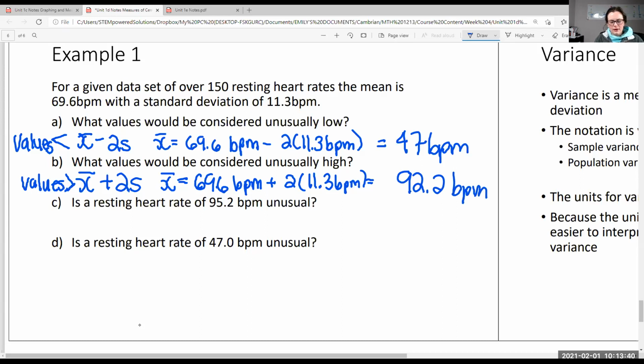All right, so example 1C: is a resting heart rate of 95.2 beats per minute unusual? Yes or no? Type into the chat what you think the answer is. Yeah, so I'm getting a lot of yeses. For those of you who typed in yes, can you explain why you think this is unusually high?